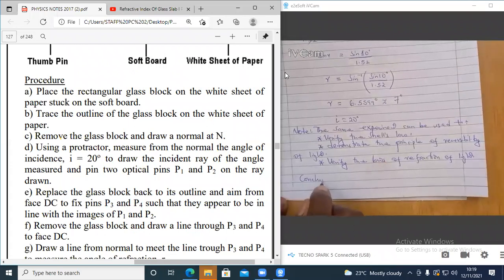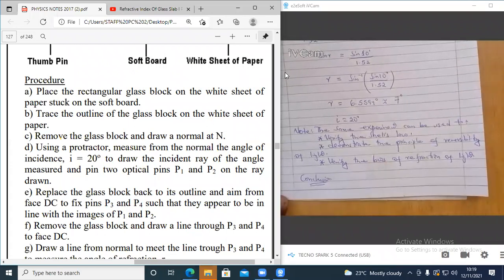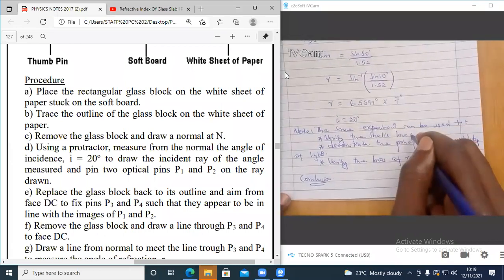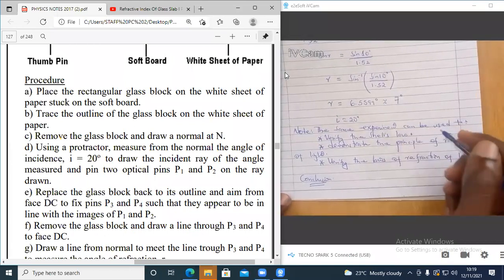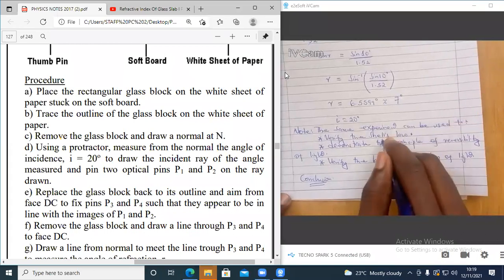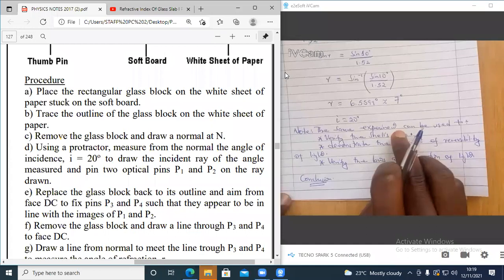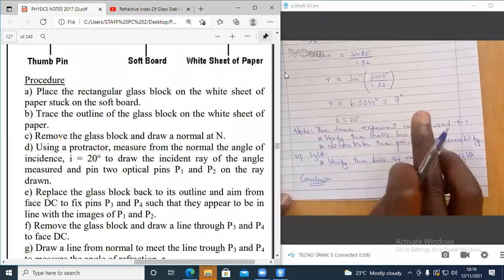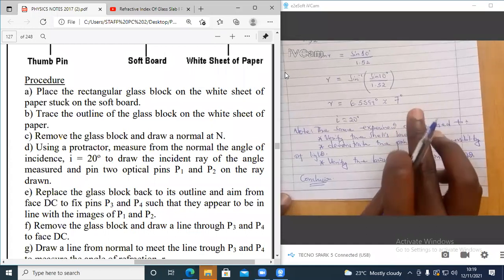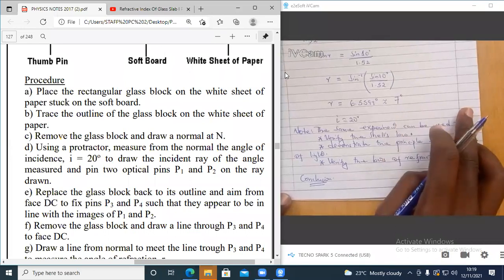Now, what if it's for Snell's law? Are you going to conclude for Snell's law? Snell's law states that the ratio of sine of angle of incidence to sine of angle of refraction is always constant, right?